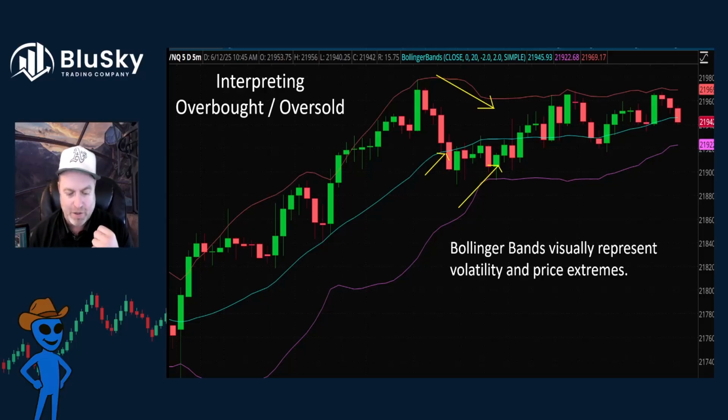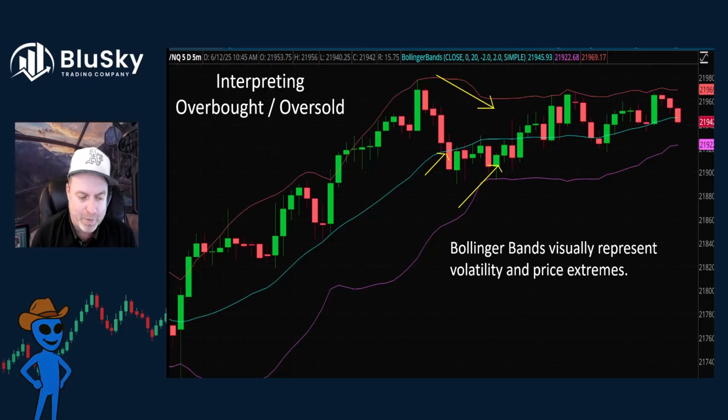For example, if you're too far overextended, RSI is so much better in just identifying pure overextension than Bollinger Bands are. Bollinger Bands are helpful to understand: do you have consistency of momentum, or is that momentum shifting? And consistency of, okay, are you too far overextended and waiting on the pullback?